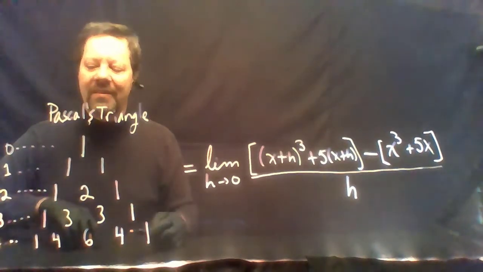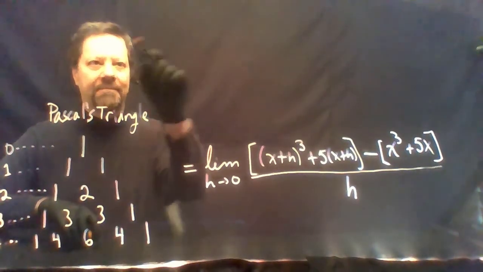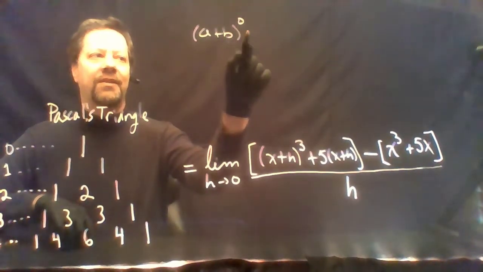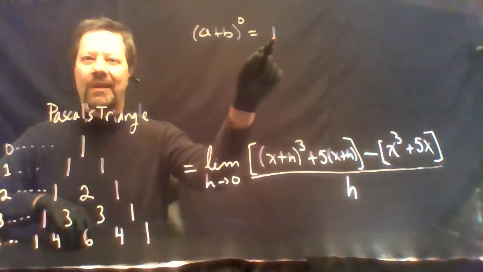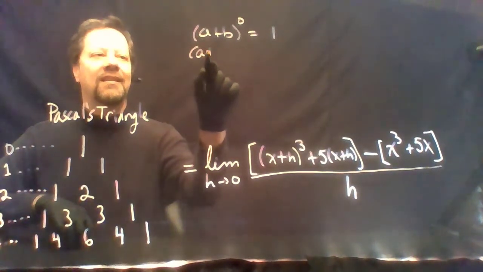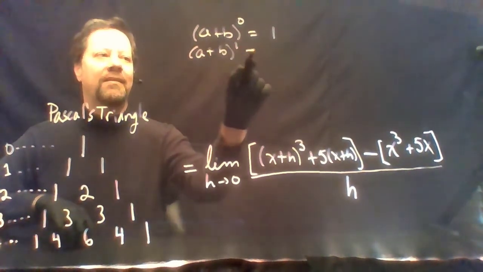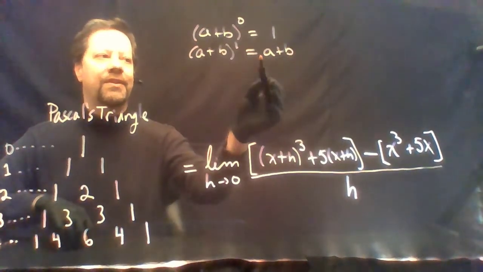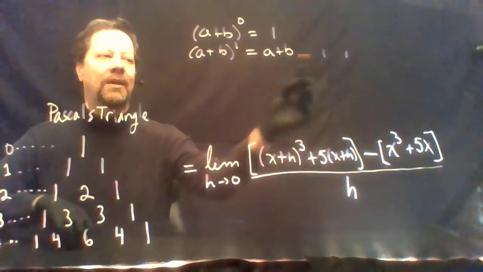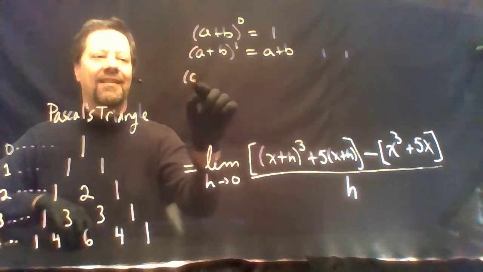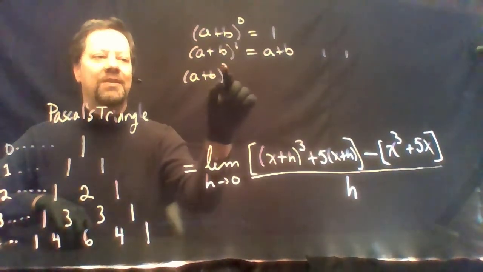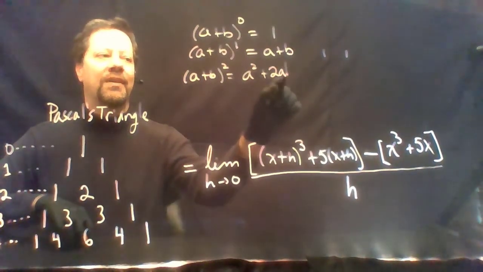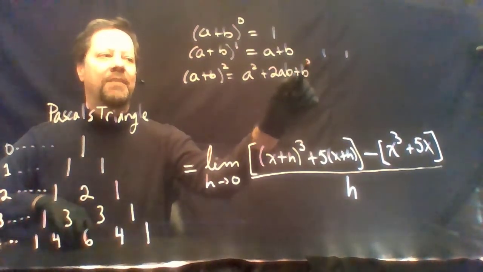Why is this so important? Think about it. If I have a plus b to the power 0, I get 1. A plus b to the power 1 is a plus b. Notice the coefficients are 1 and 1. A plus b squared is a squared plus 2ab plus b squared.